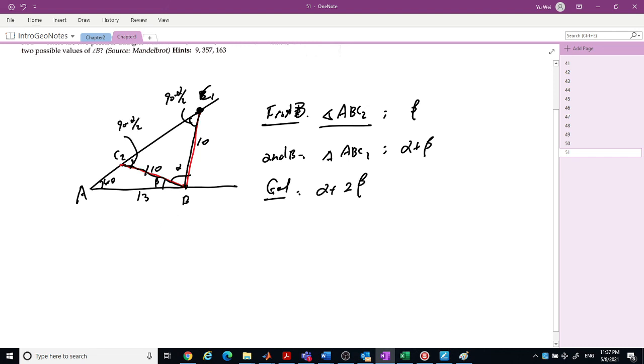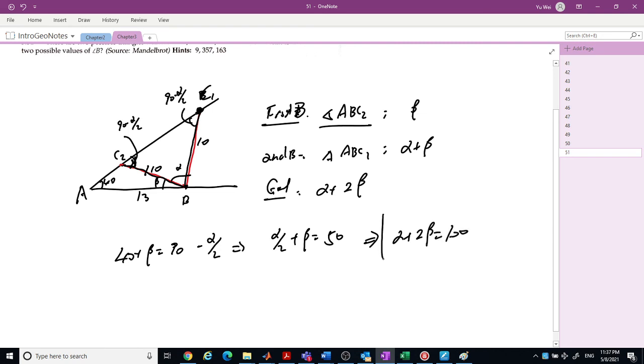And you can see this angle is the external angle of the triangle AC2B. So that's why 40 plus beta is equal to 90 minus alpha over 2. Then we can see alpha over 2 plus beta is equal to 50. Then times 2, you can get alpha plus 2 beta is 100. So this is what the question asks you.